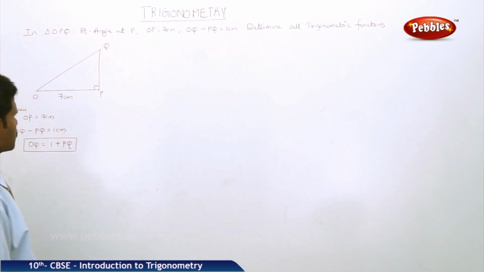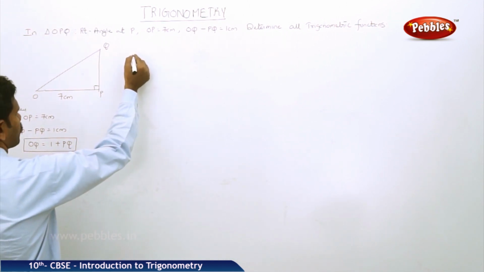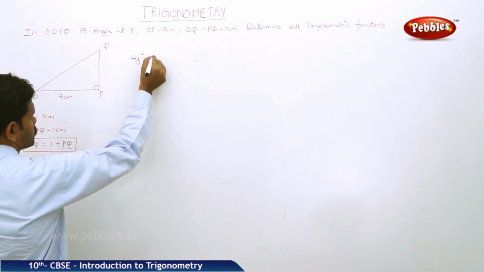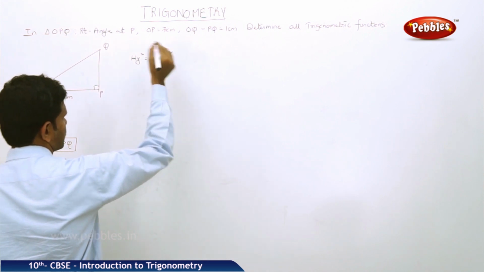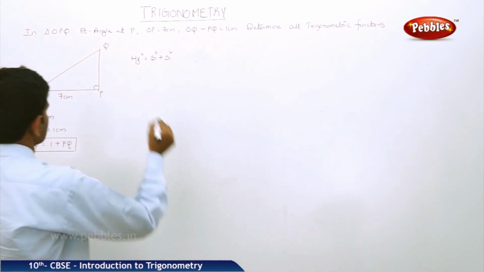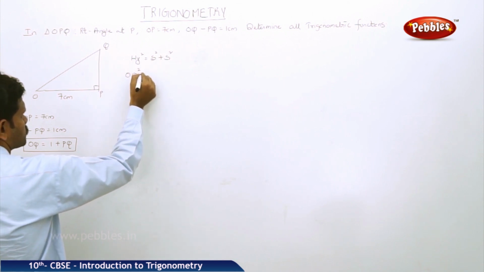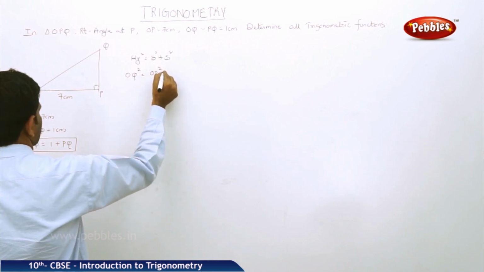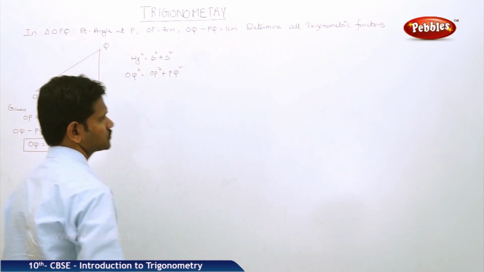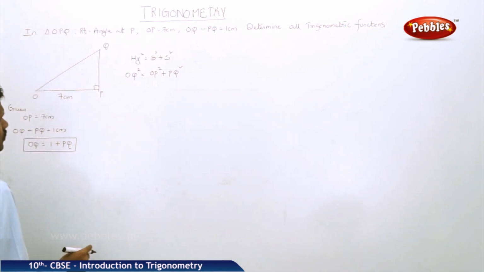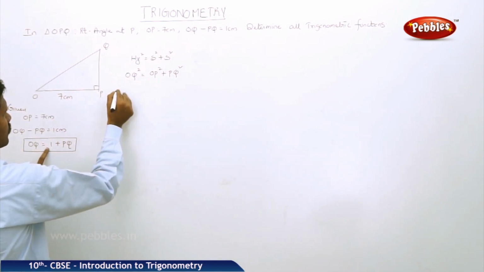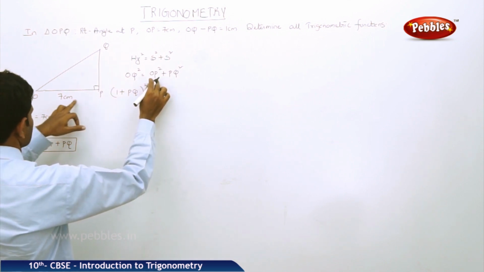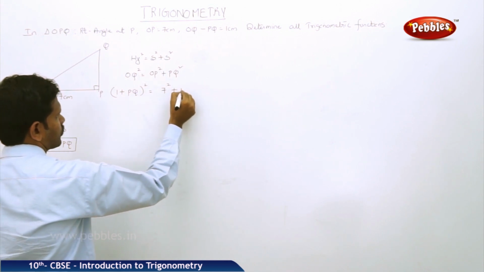Now, from triangle OPQ, from the Pythagoras theorem we know well, hypotenuse square is equal to side square plus side square. That is, OQ square is equal to OP square plus PQ square. That is, OQ, nothing but 1 plus PQ whole square, is equal to OP, nothing but 7 square, plus PQ square.